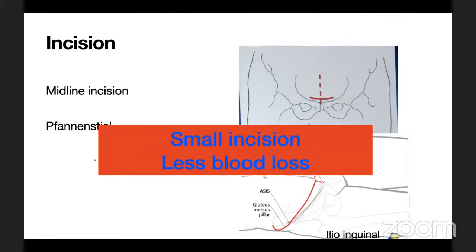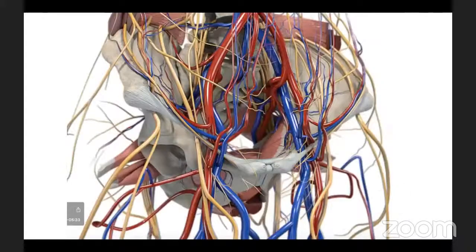The most important thing about this particular approach is that it has a very small incision and very less blood loss when compared to other anterior approaches. This is the vasculature of the pelvis and acetabulum, which is obviously scary to see.